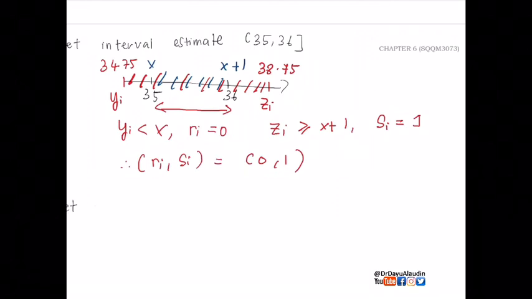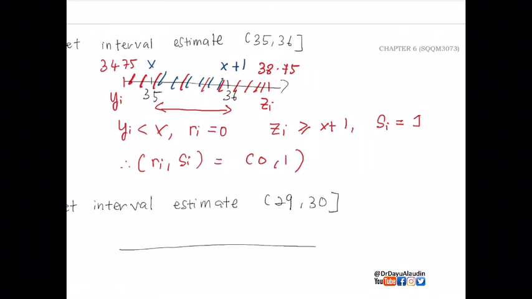Okay, let the interval estimate for the third one be 29 and 30. So if we draw the timeline, the interval estimate 29, 30. So this is x plus 1. This is the interval estimate.